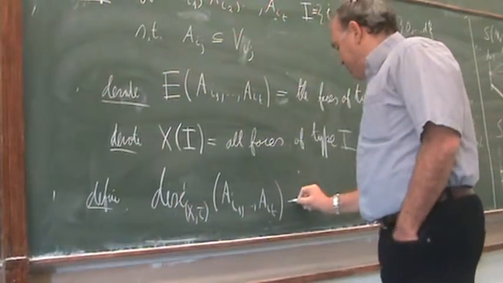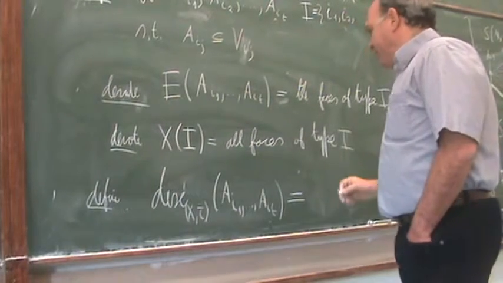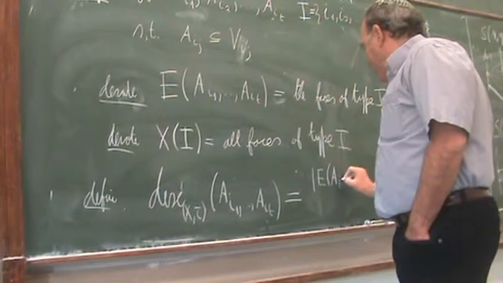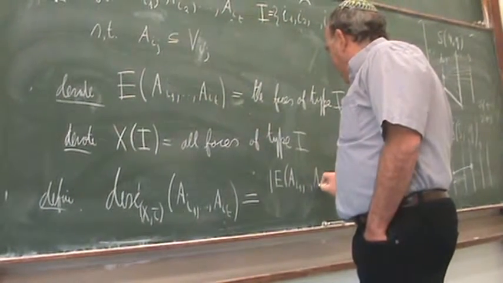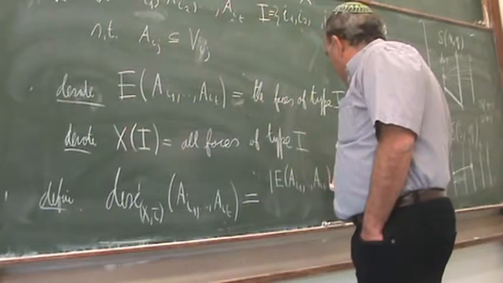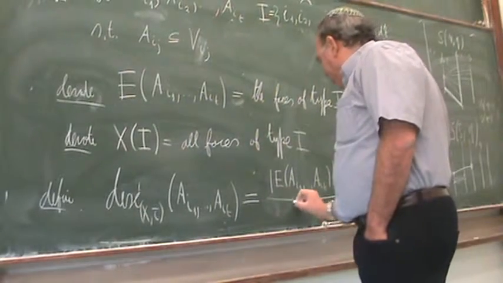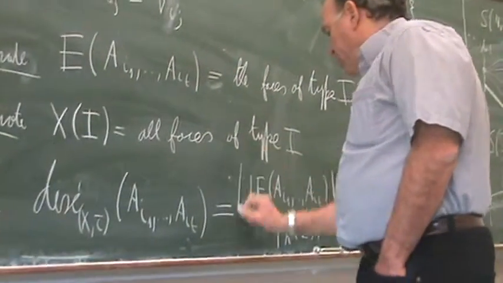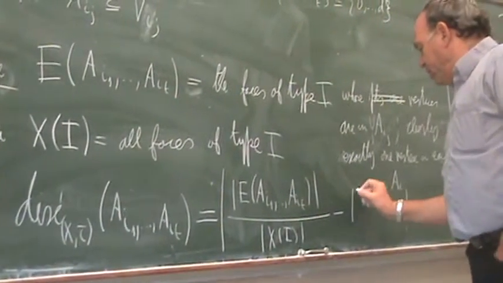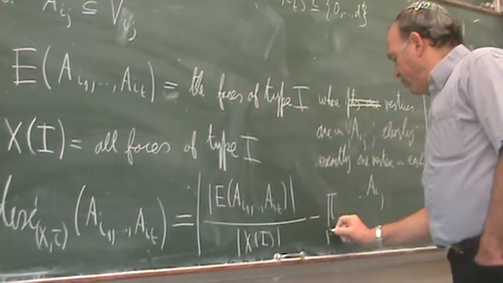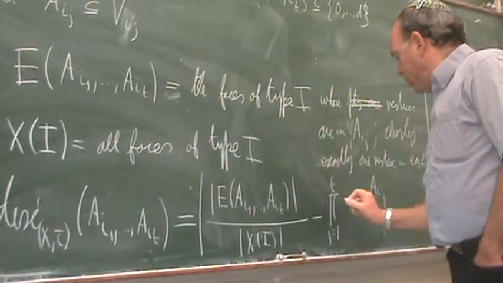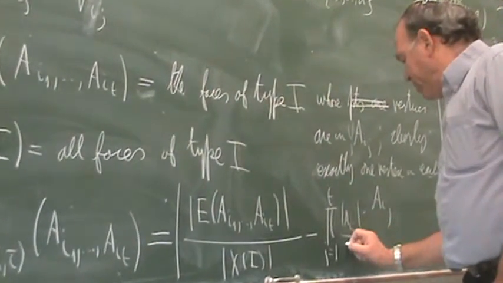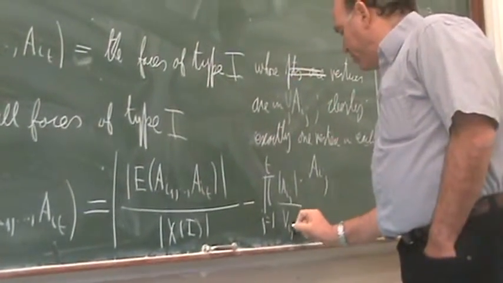The discrepancy is defined as the size of E(A_{i1} up to A_{it}) divided by the size of X_I, minus the product, j from 1 up to t, of the size of A_{ij} divided by the size of V_{ij}.